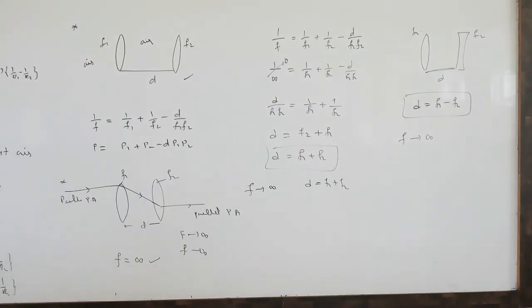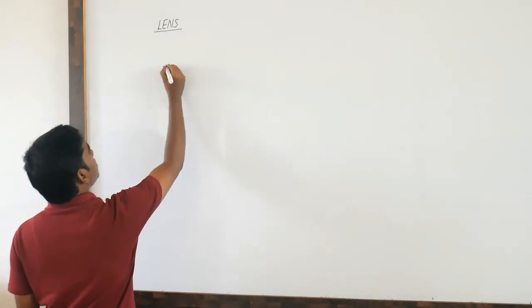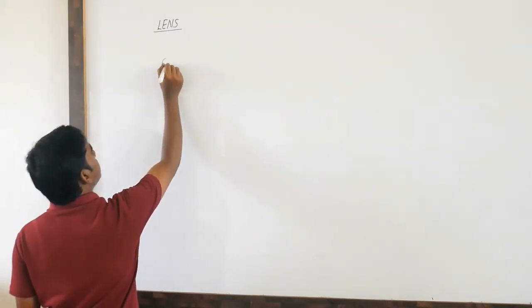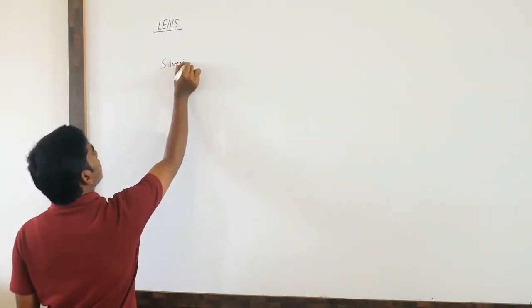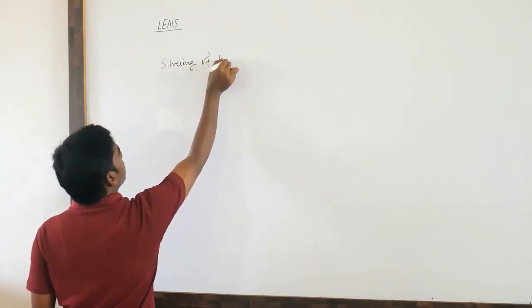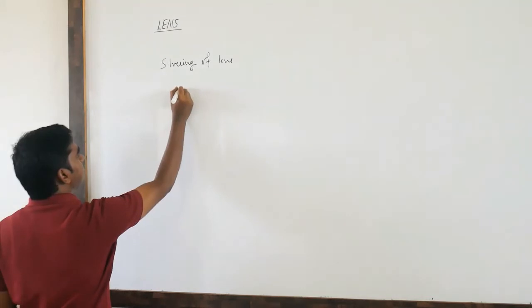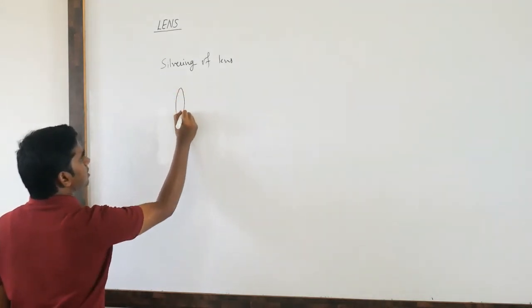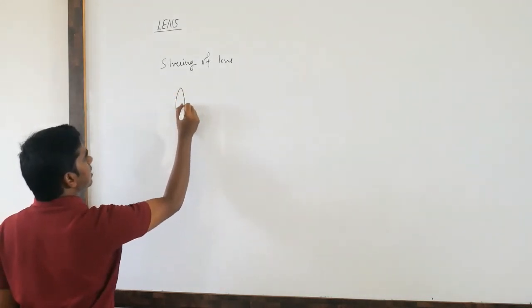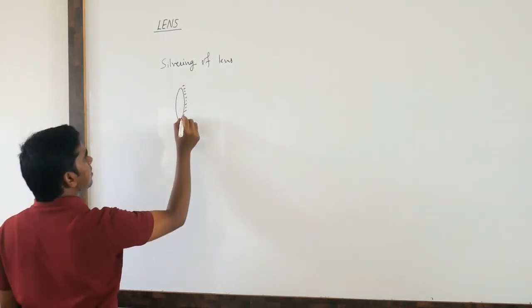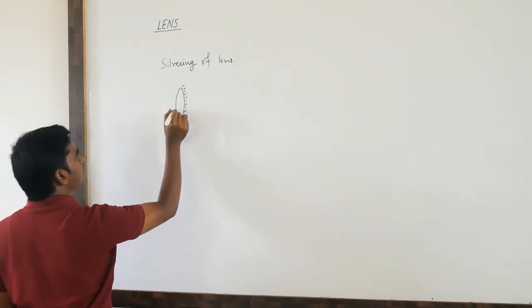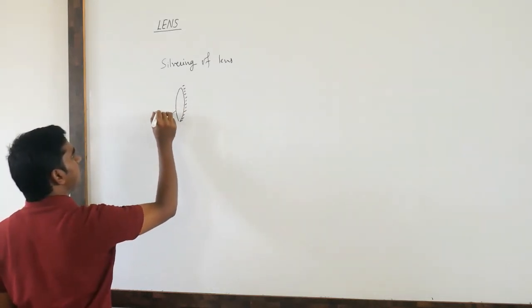Next we will go with the silvering of lenses. Suppose you have a lens with one surface silvered. What will happen if a ray of light comes?